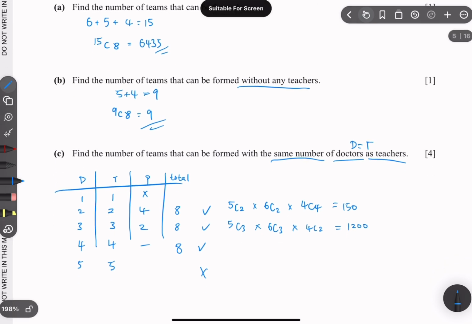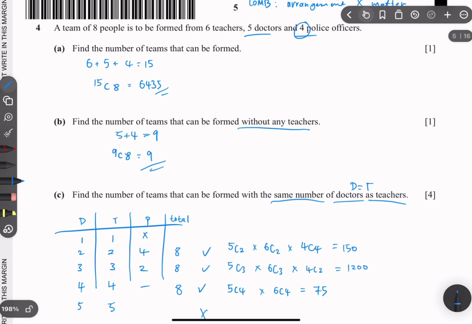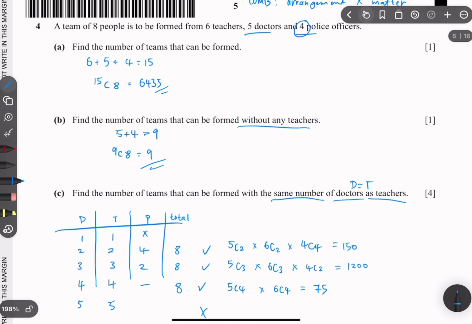And last one is 5 C4 times 6 C4. Okay, so the values in front is actually just from the question.